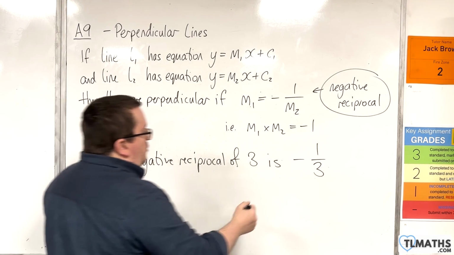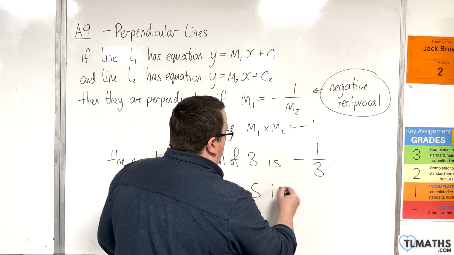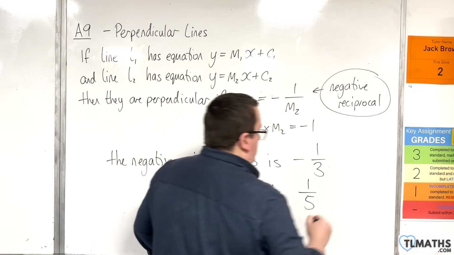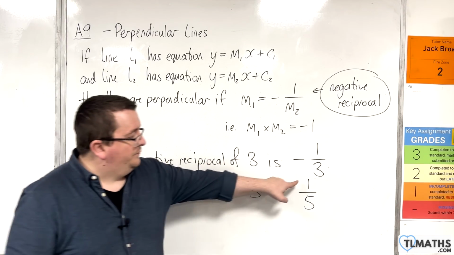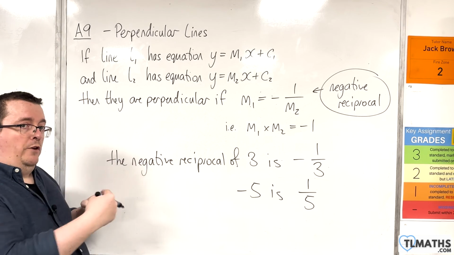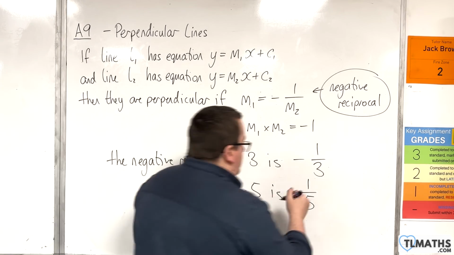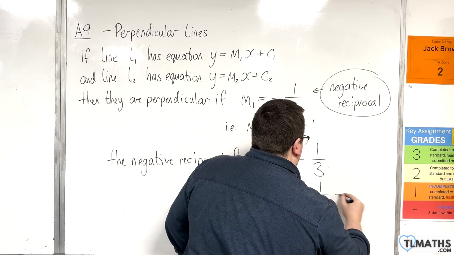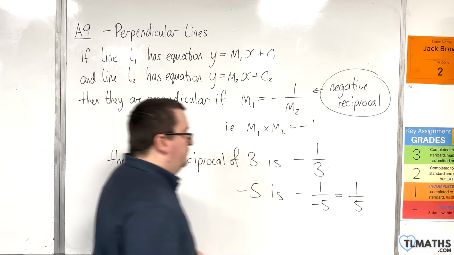The negative reciprocal of minus 5 would be 1 over 5, because that is the same as minus 1 over minus 5. Okay, so it would be like writing minus 1 over minus 5. And so that's your 1/5.